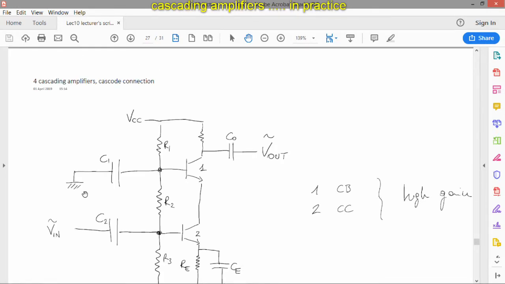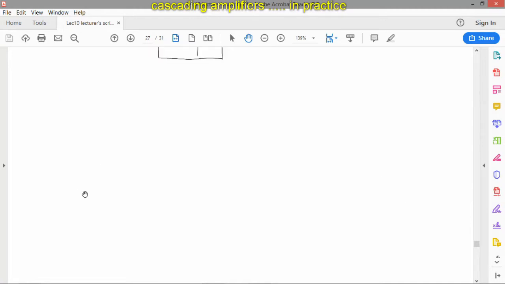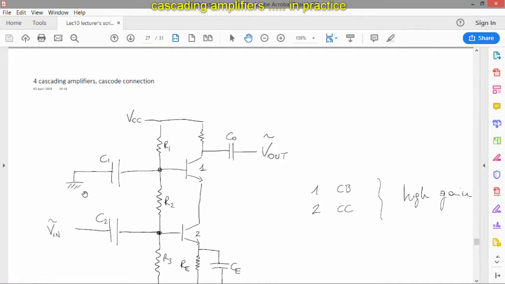Another nice connection that you may have seen or you may come across in the future, and I'm just telling you how it's called, is the Cascode Connection, where you see the emitter connected, just for your curiosity to know the names and how these connections look like. And you see, the first stage is effectively connected as a common base.